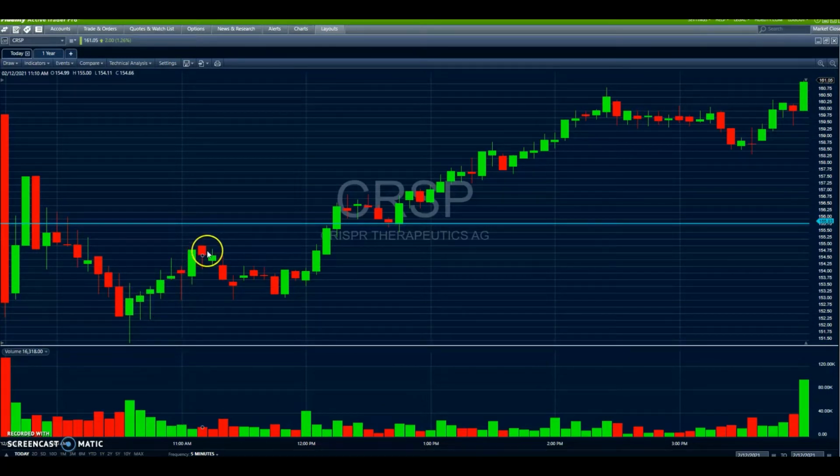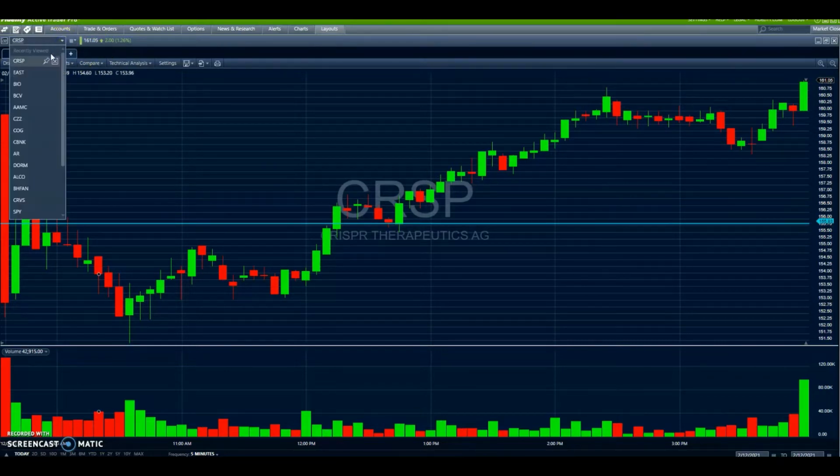We started making higher lows and higher highs throughout the day and finished up near the very top. So you get the long wick here, and then it's recovery time until we get up to where this opened, and then we finish up above it, creating the small body of that candlestick.